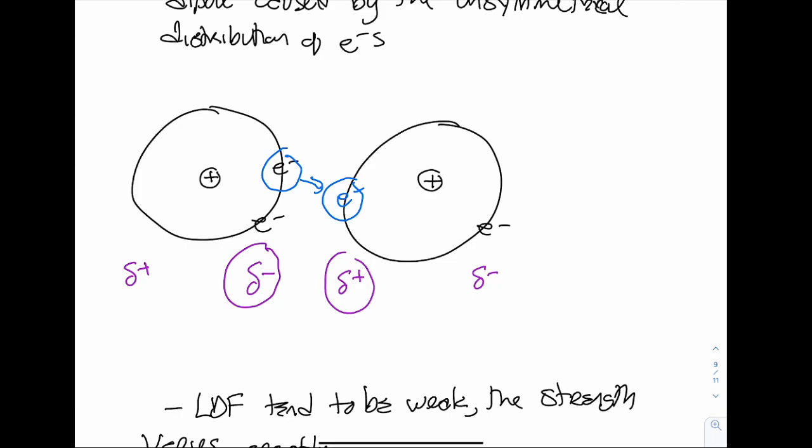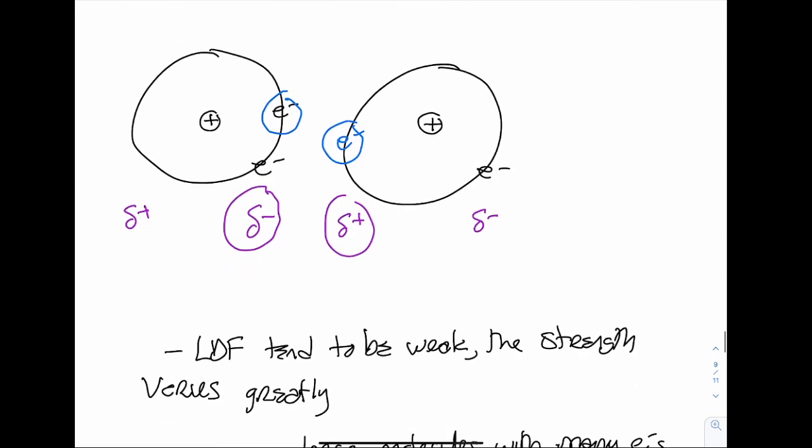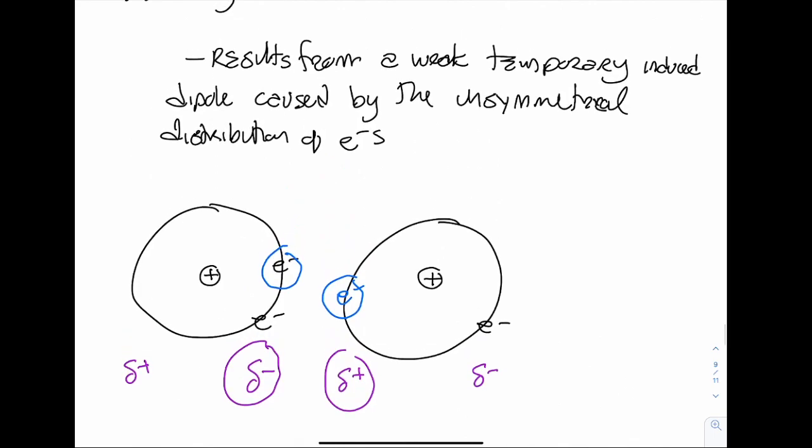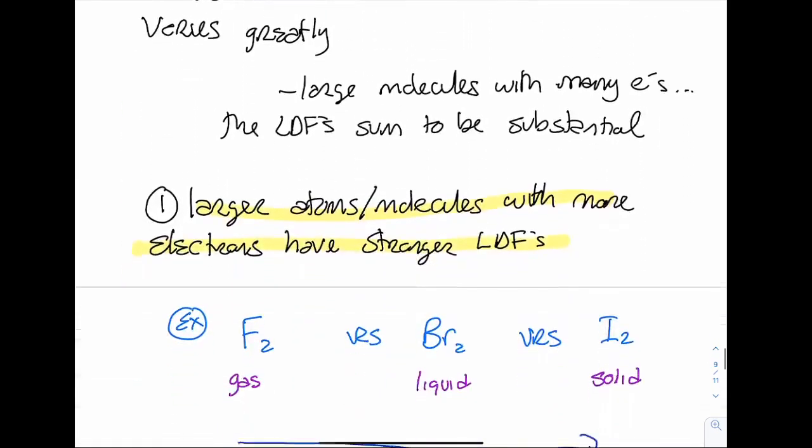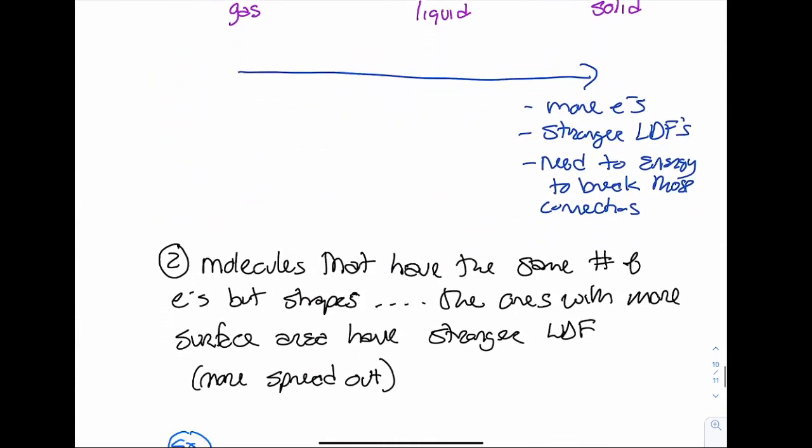And the more surface area you have, you're just increasing the odds. So more surface area, more contact points, more likely to induce a temporary dipole. So more surface area, more places for the two molecules to come in contact, more inducing of dipoles.